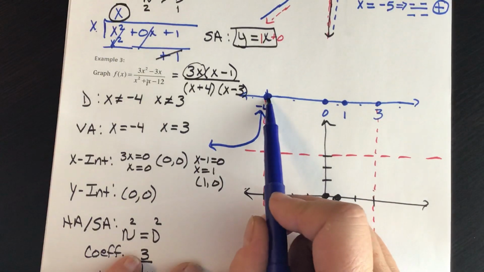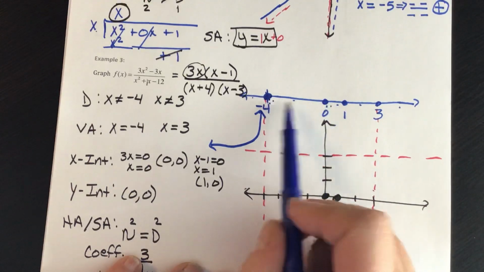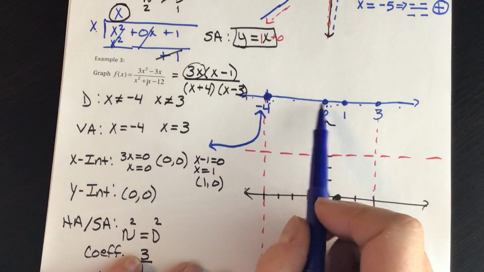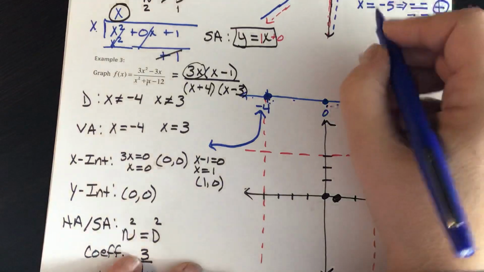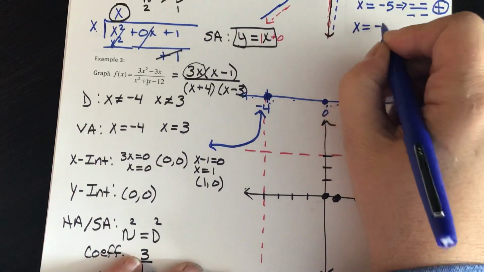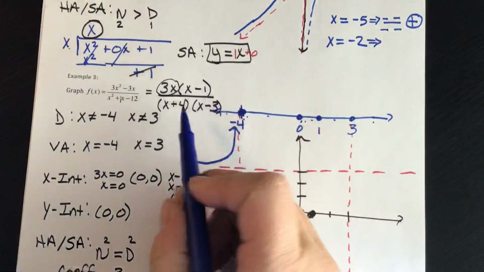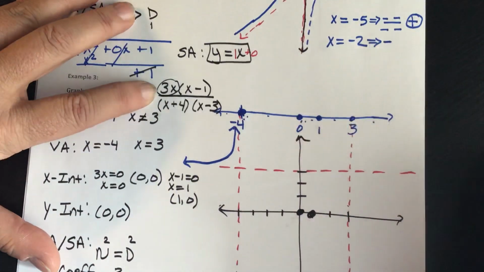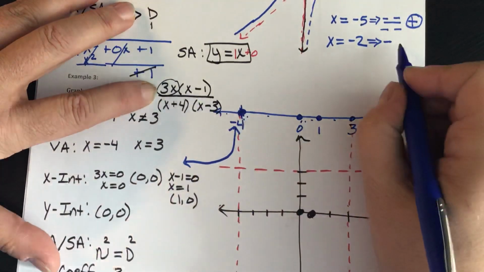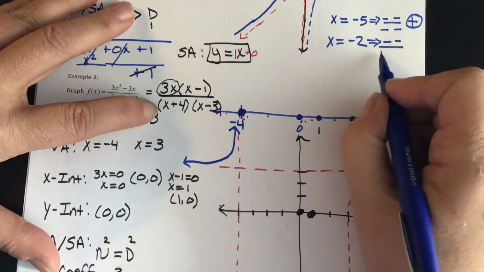So then between negative 4 and 0, I need to determine what's happening here. So where is my graph there? I'm going to pick a number between negative 4 and 0, like negative 2. So if x is negative 2, plug it into the function. Negative 2 times 3 is negative 6. That's negative. Negative 2 minus 1 is negative. Negative 2 plus 4, that's positive.